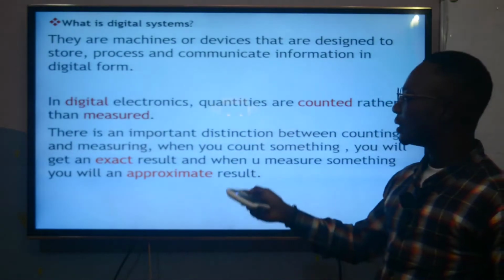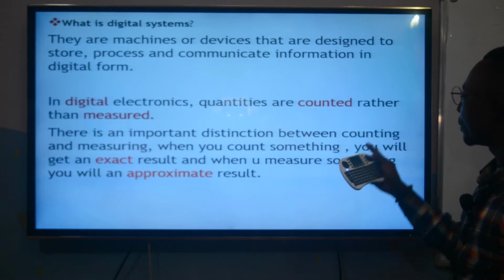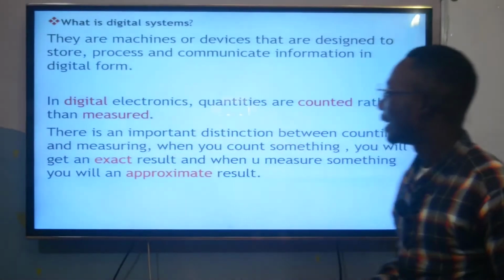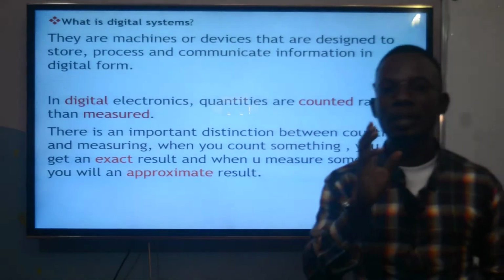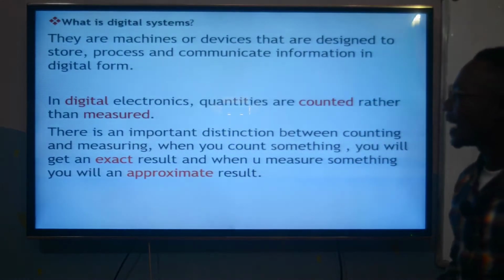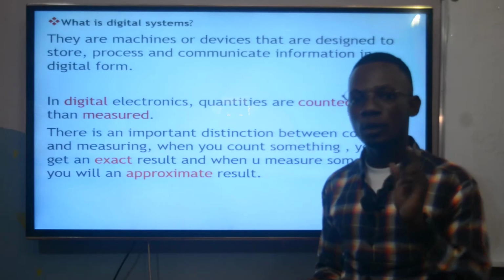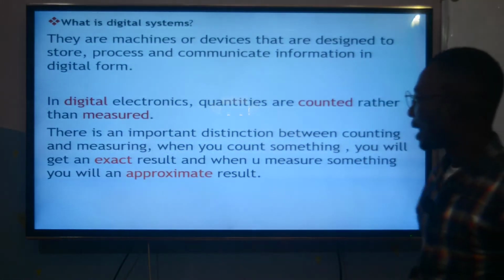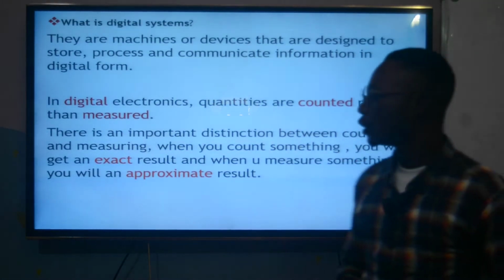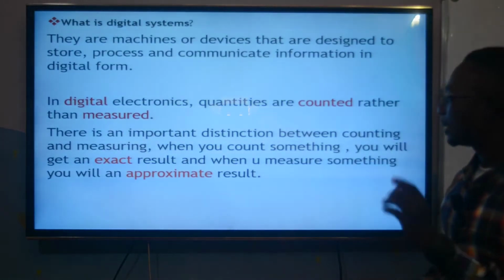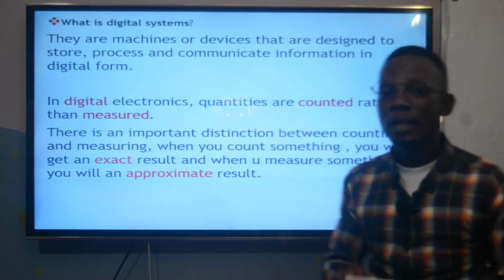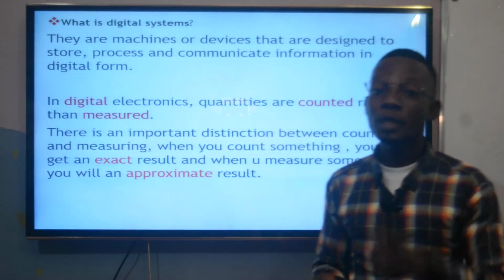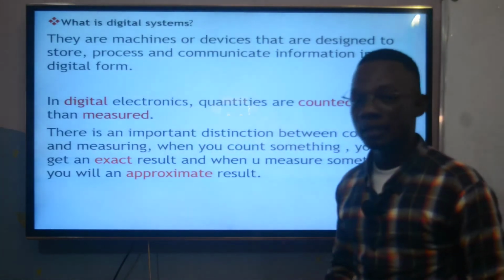There is an important distinction between counting and measuring. When you count something, you get exact results, and when you measure something, you get approximate results. That is the difference between digital and analog.